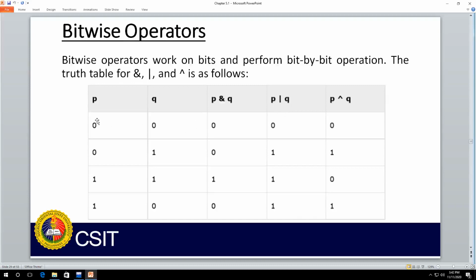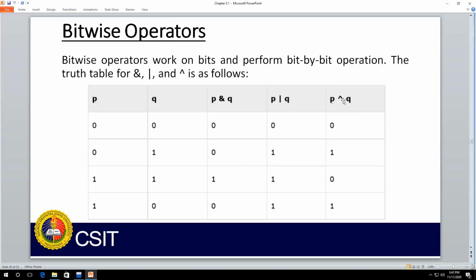If 0 or 0, it will give you 0. 0 or 1 gives you 1. 1 or 1 gives you 1. And 1 or 0 gives you 1. Meaning, if there is one statement that is true, it will give you true directly.